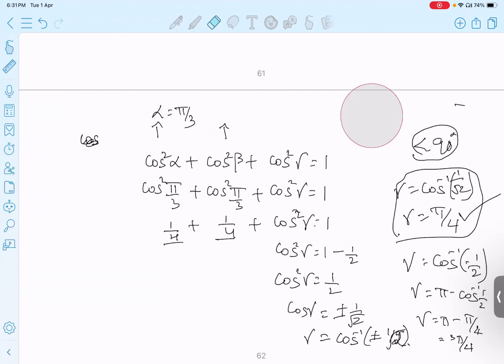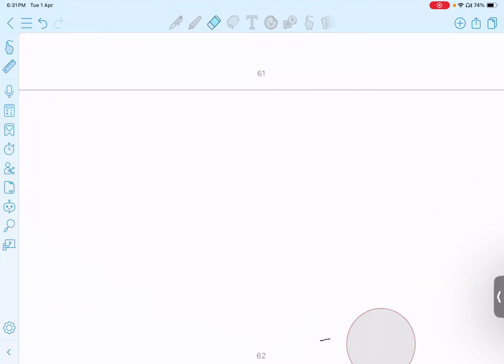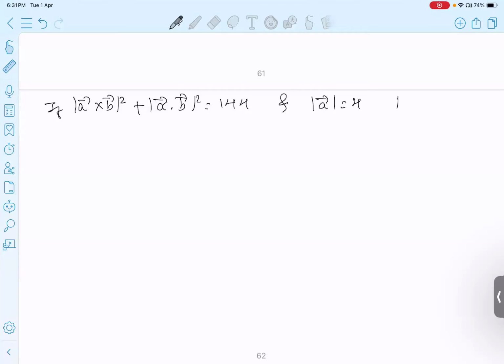Now there was one more question in 2023 based on these vector concepts, and the question was this: if magnitude of A vector cross B vector whole square plus magnitude of A vector dot B vector whole square is equal to 144 and the magnitude of A vector is equal to 4, then what is the value of magnitude of B vector?